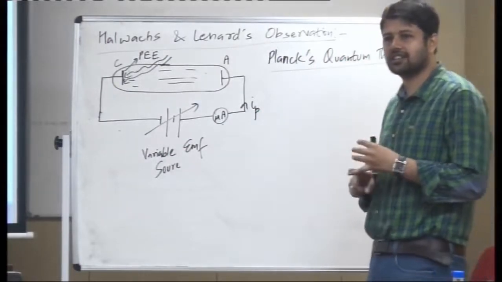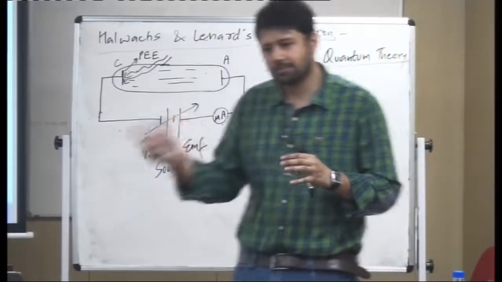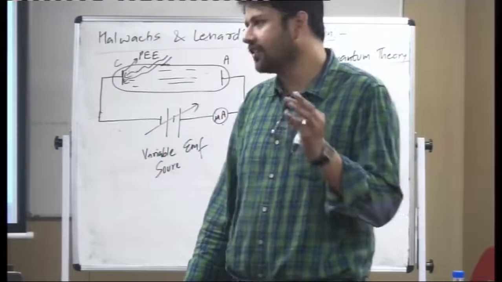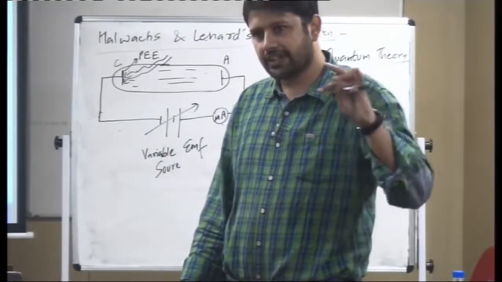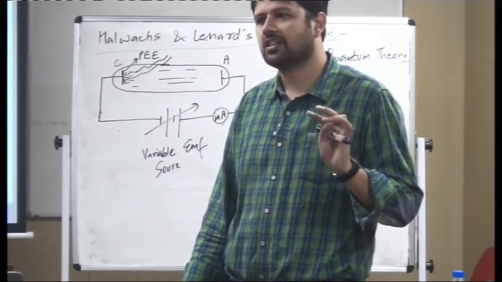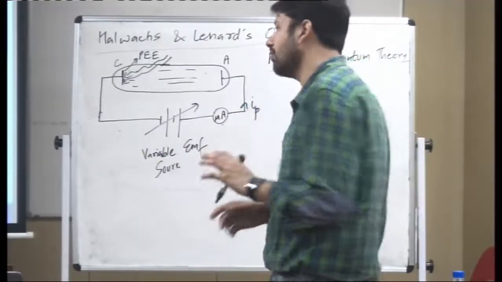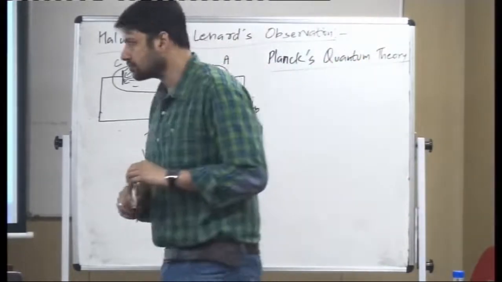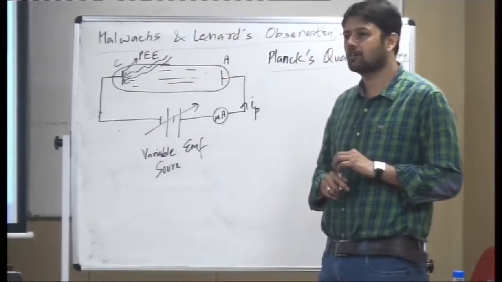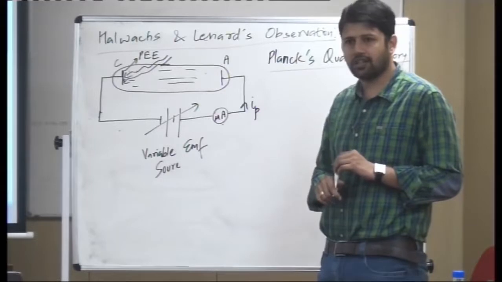Light exists in the form of, actually everything in the universe. He postulated that even matter, physical quantities, radiation, everything exists in the form of small packets. It's called quanta, and the quanta for light is the photon.